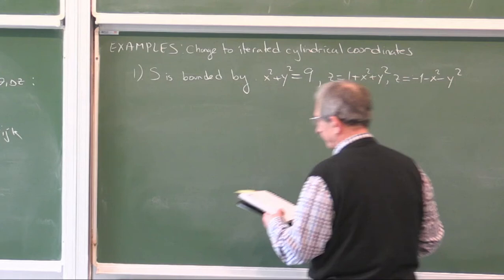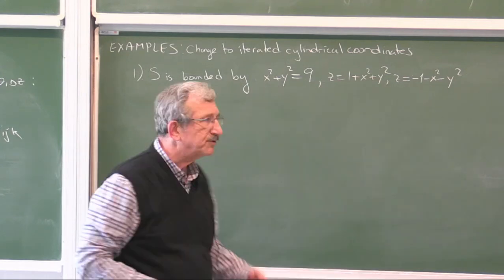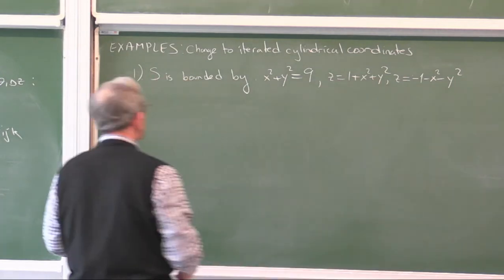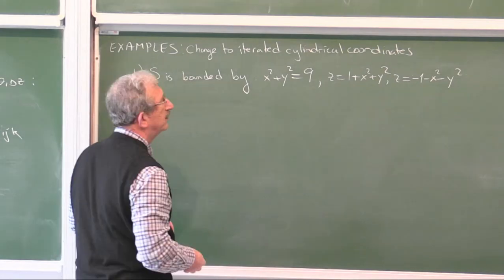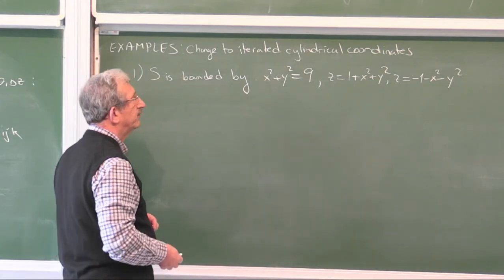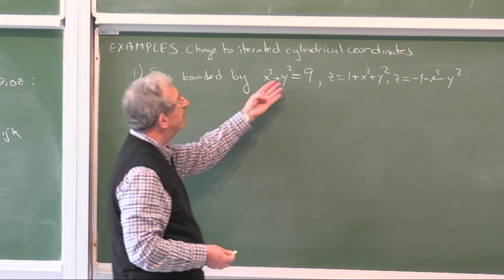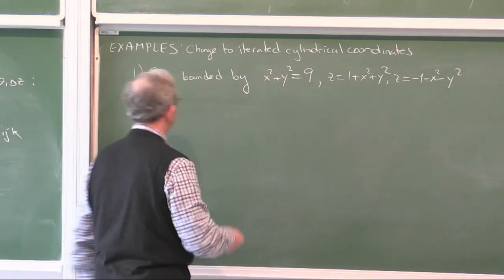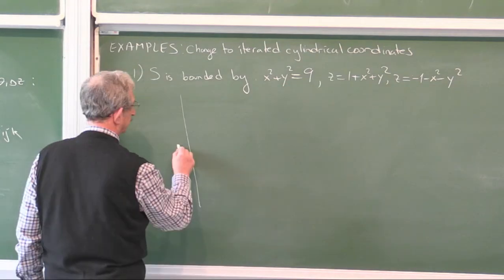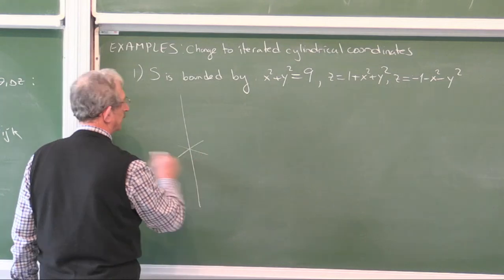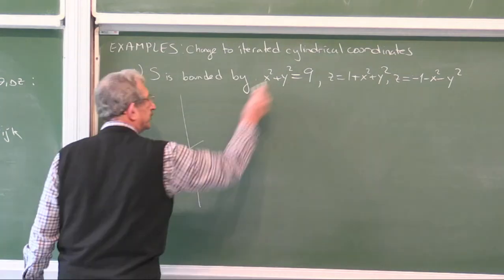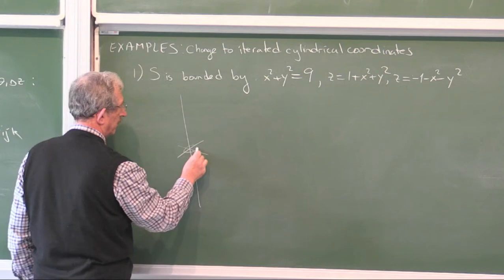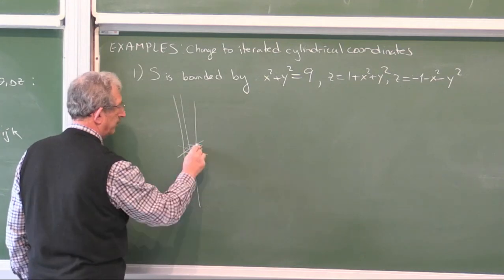Okay. Now this is a straightforward example. You can directly see that. Firstly, we have a cylinder here, of radius 3, which goes up and down.